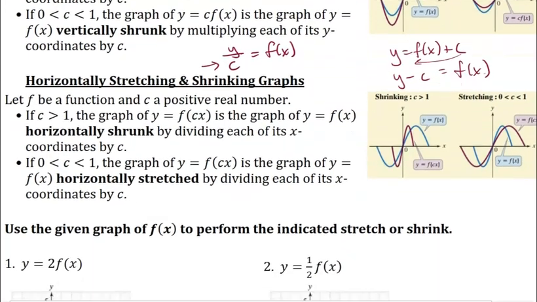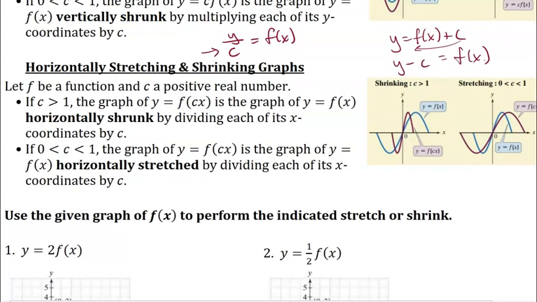Okay, so then for horizontal stretches and shrinks, once again, multiplying by a coefficient, if I have a number that is bigger than 1 on the inside, then this is a horizontal shrink, because really we're dividing by c, just like we would be dividing up here, except we move the c over.